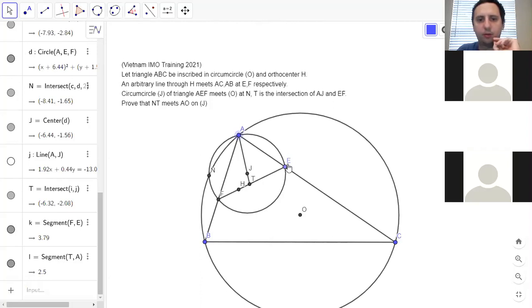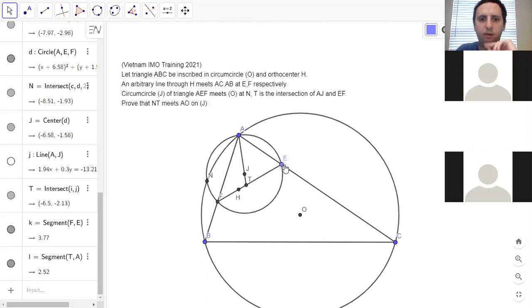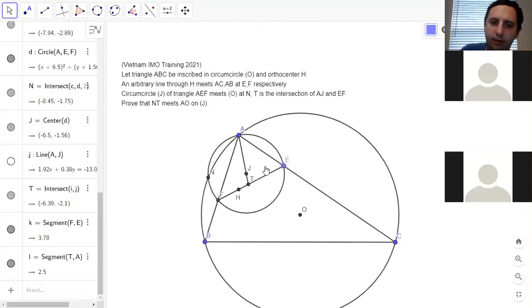Okay, that's kind of interesting. N is this, yeah, so a spiral similarity takes NFB to NBC.